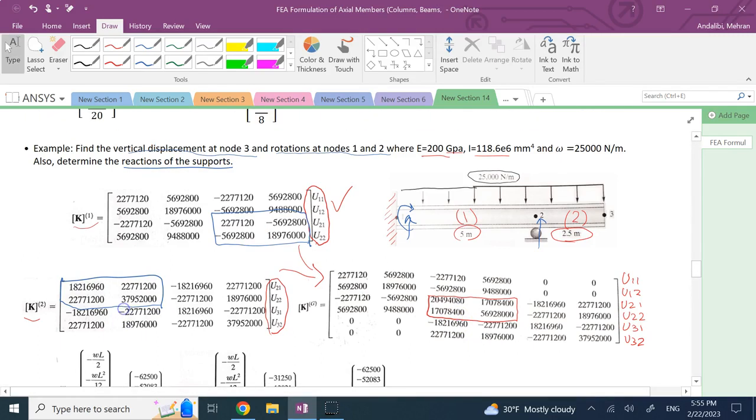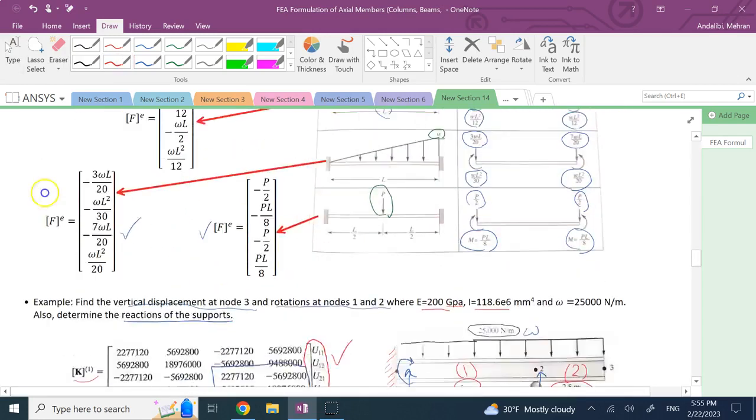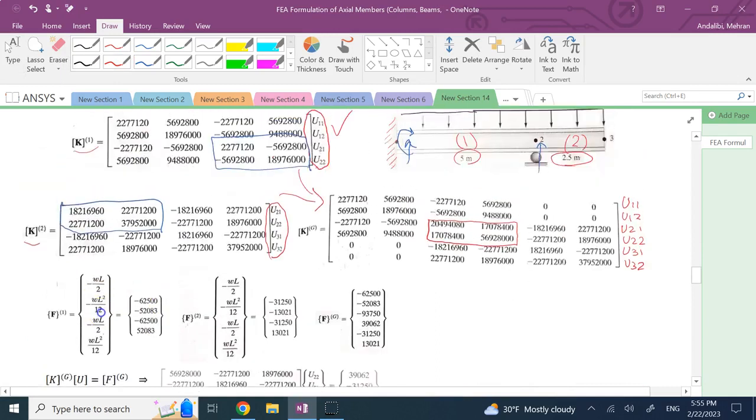Now, which condition do I have here for the nodal loading matrices? The condition is uniform. Omega is uniform here. So I'm going to use this top matrix because this is for uniform loading. And all I need is omega and L. So here I'm going to get that, but L's for the elements are different.